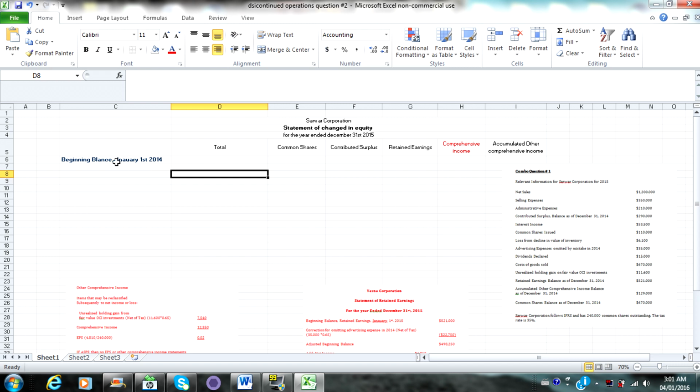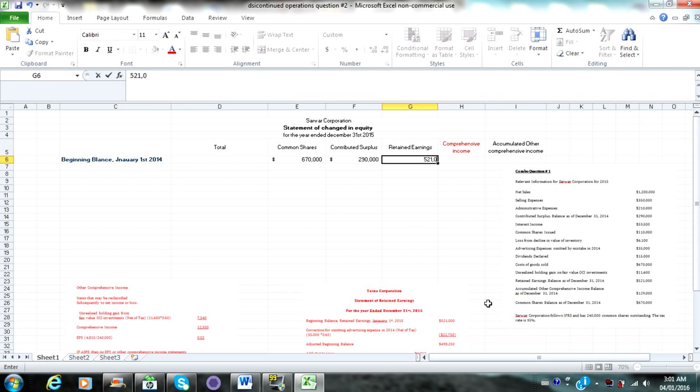So the first part here is just to add in our beginning balances. For common shares, the beginning balance was $670,000. Contributed surplus was $290,000. For retained earnings, it was $521,000.